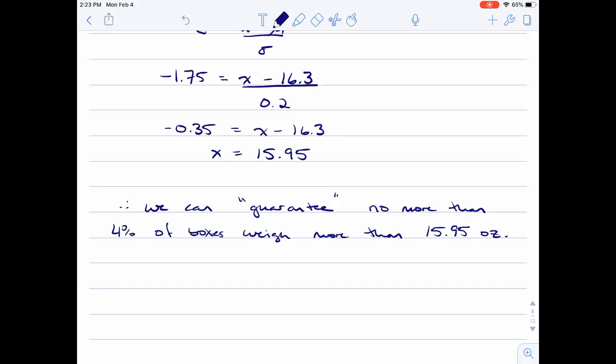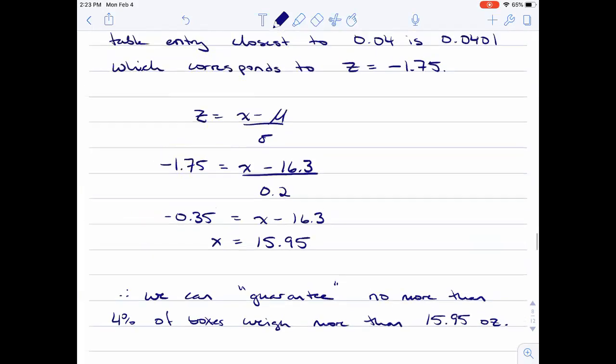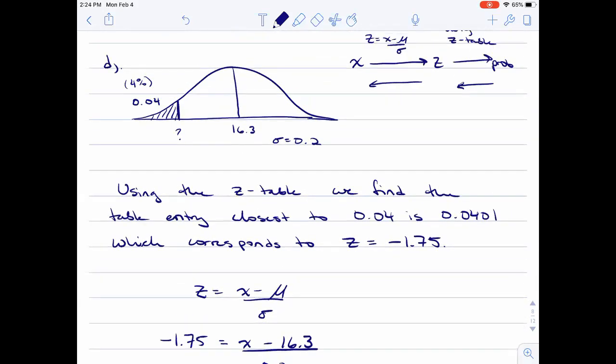When we went to use our table, we were able to go to the 0.04 right away, because the table gives us only the area to the left. And so the next question shows you kind of the opposite.